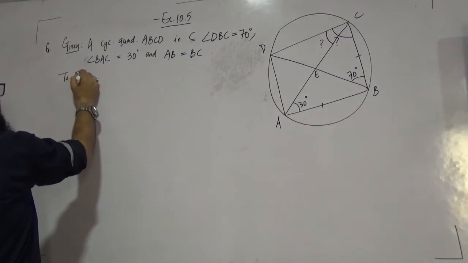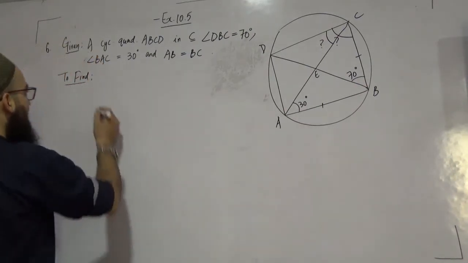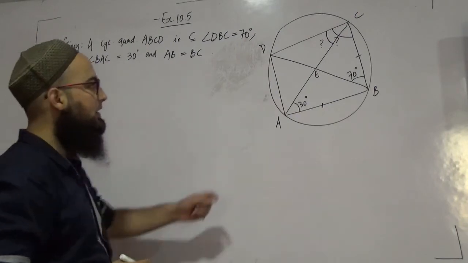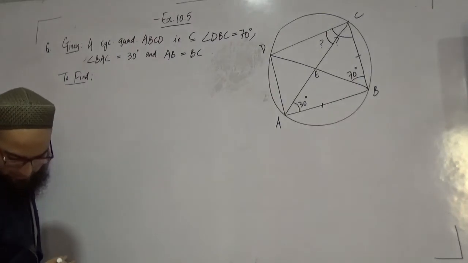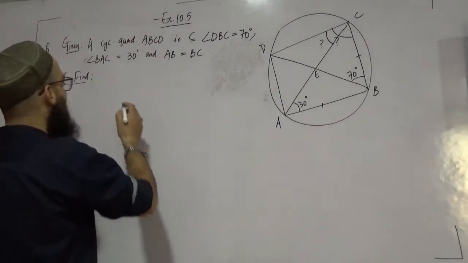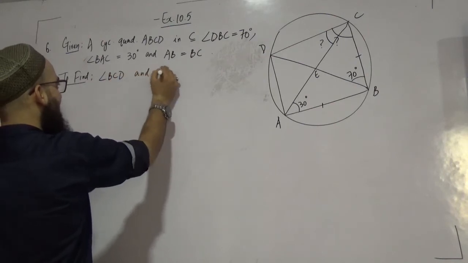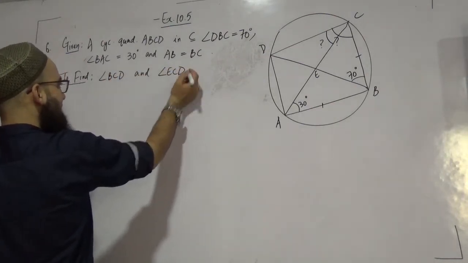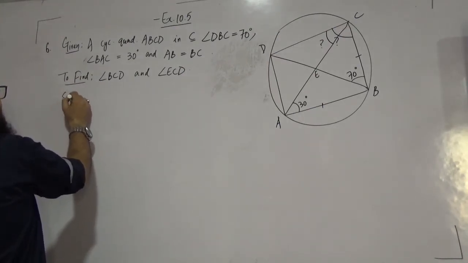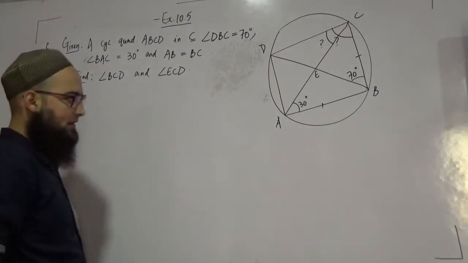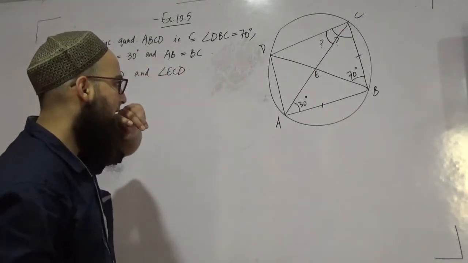To find, you're going to find angle BCD and angle ECD. Let us see how it works. First of all, we can do one thing.